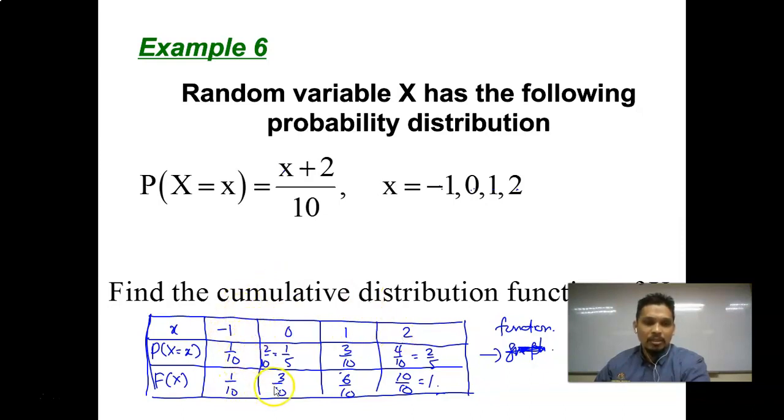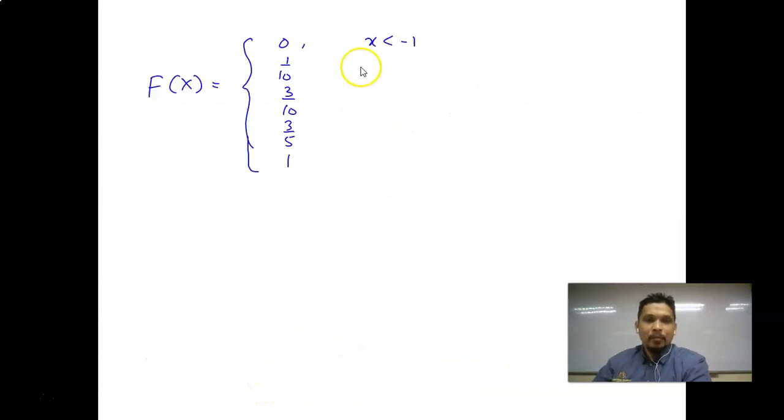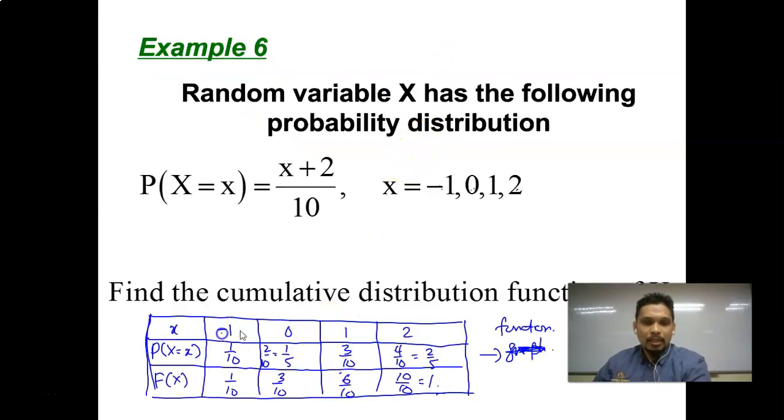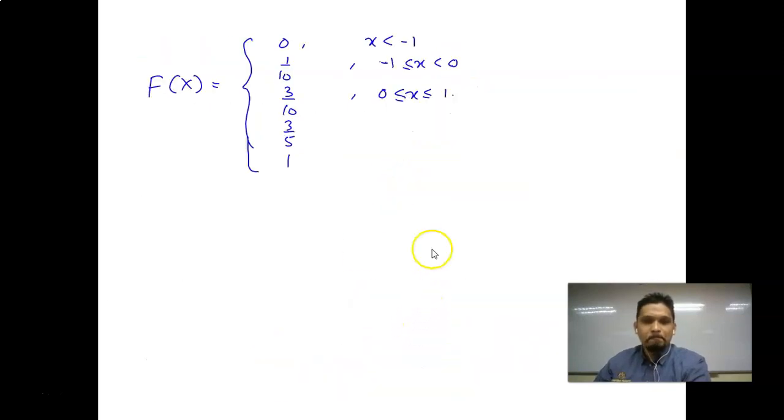Then 1 over 10, 3 over 10. For 1 over 10 here, x lies in between negative 1 and 0. And this one is where x lies in between 0 and 1. Then x lies in between 1 and 2 here.